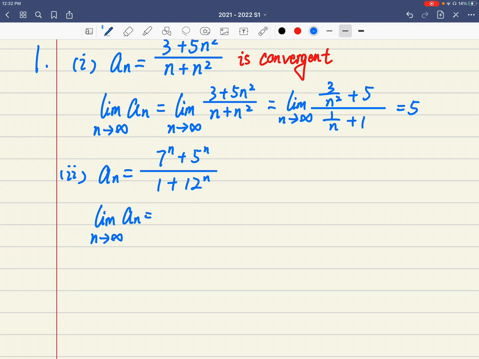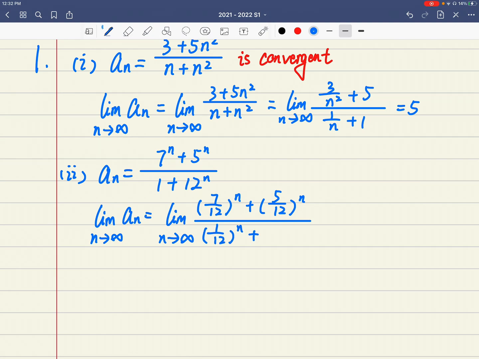Here we can divide both top and bottom by 12 to the power of n. Then we have 7 over 12 to the power of n plus 5 over 12 to the power of n, over 1 over 12 to the power of n plus 12 over 12 to the power of n.